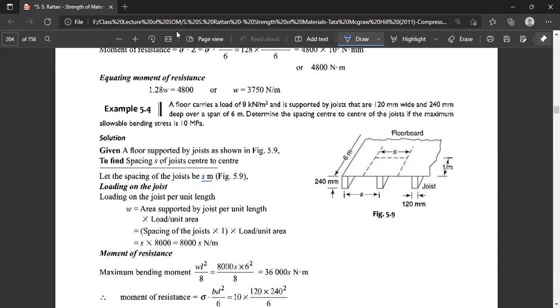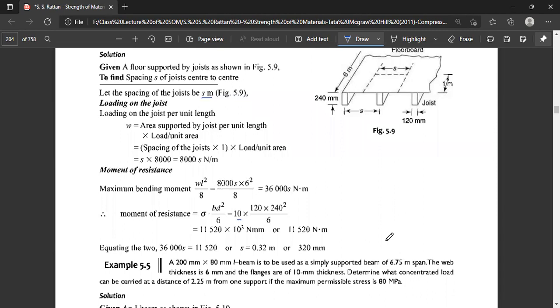The moment of resistance is sigma multiplied by the section modulus, B D square by 6, that is 10 into, the allowable bending stress is 10 MPa. So we put 10 here, and B is given as 120 millimeter width and 240 millimeter depth, which is equal to 11520 multiplied by 10 to the power 3 Newton millimeter, or 11520 Newton meter if we convert from millimeter to meter.